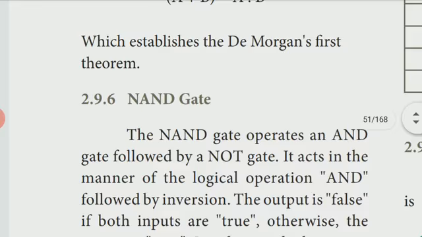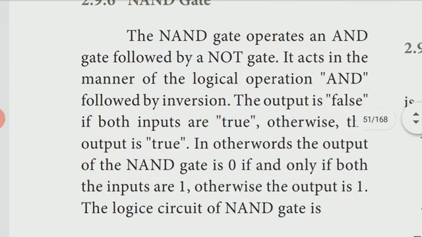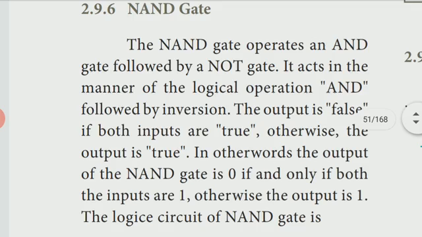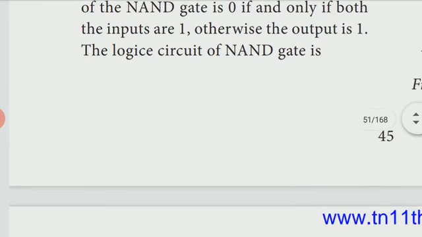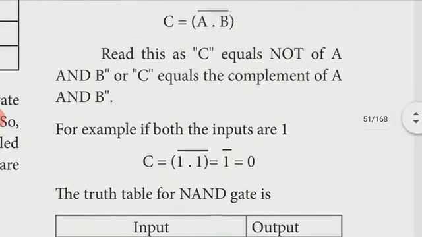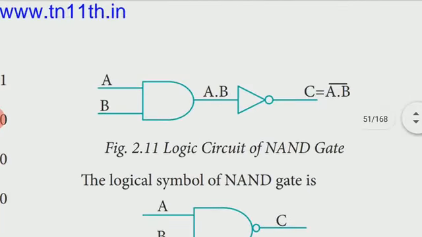The next one is NAND gate. We already studied what is NAND operator. That is a combination of NOT and AND gate. I think you all are clear in that. So, we will see the logic symbols here.